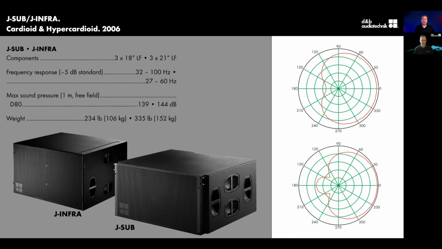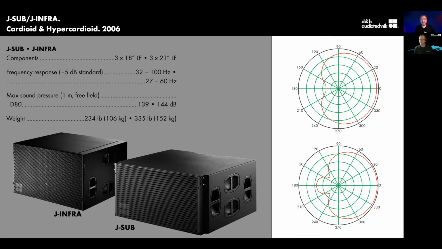This was starting in 2006 with the J sub, and then in 2008 with the J infra. J sub was a 3 times 18-inch low frequency driver, while the J infra was a 3 times 21-inch low frequency driver. Powered by 2 amplifier channels, they allowed you to have cardioid behavior with just a single cable going to each subwoofer, but it also allowed you to have hypercardioid behavior.